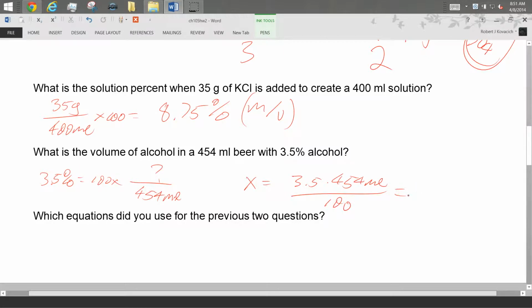So 3.5 times 454 divided by 100 is 15.89, so like 16%. Sorry, 16 milliliters, not percent.